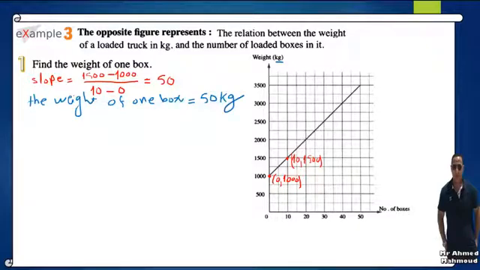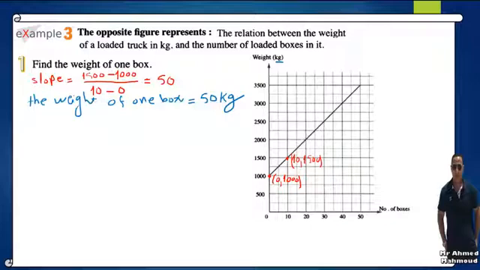To find the weight of one box, we find the slope between any 2 points. It gives me the rate of change, which represents the weight of every box: 50 kilograms per one box.